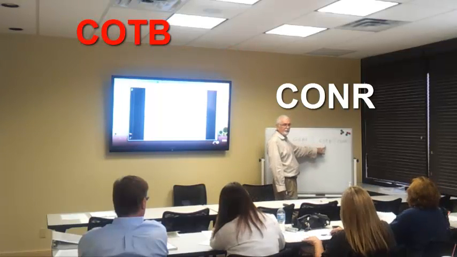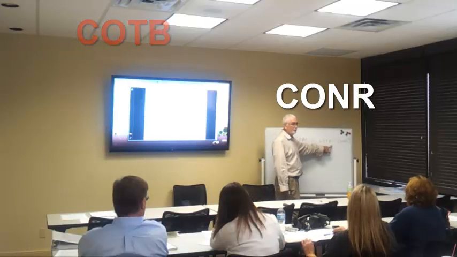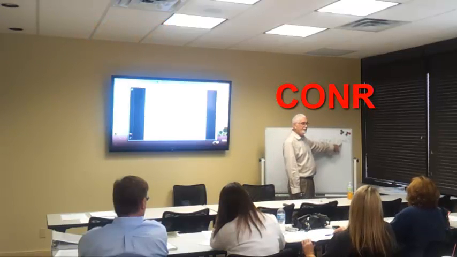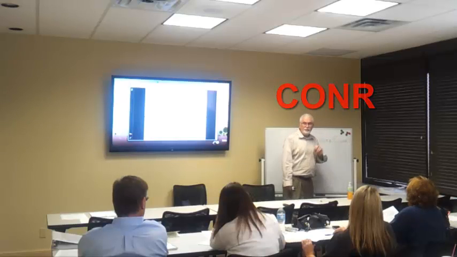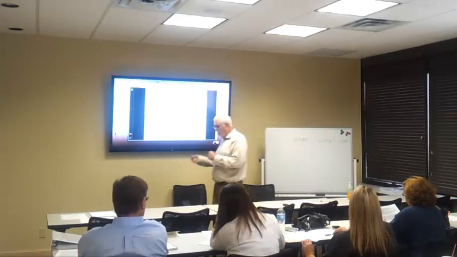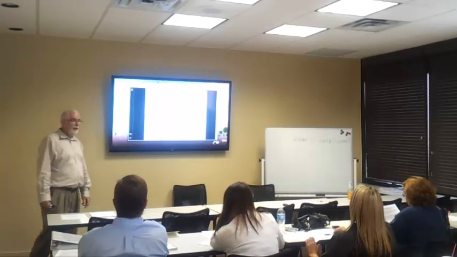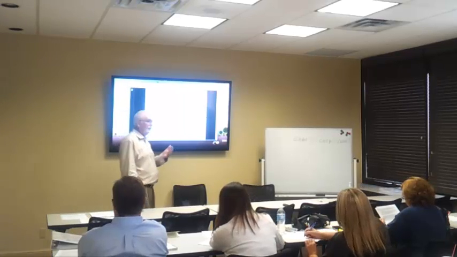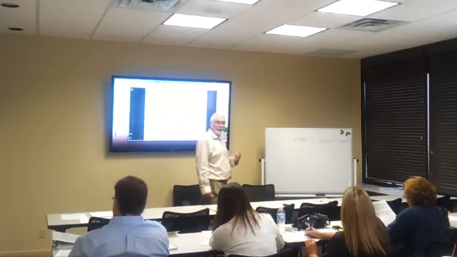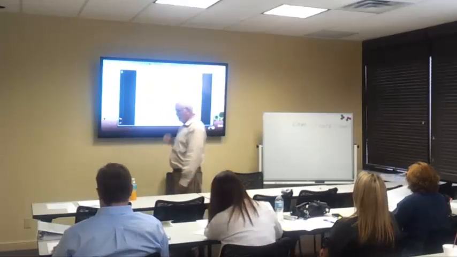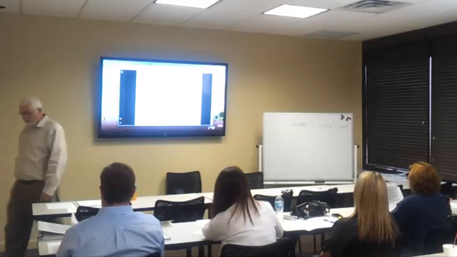Cooperating office, transaction broker. Cooperating office, no relationship. We will put the 3% beside each one of those. Because we don't care what kind of representation you have with the buyer, as long as you have a valid license.